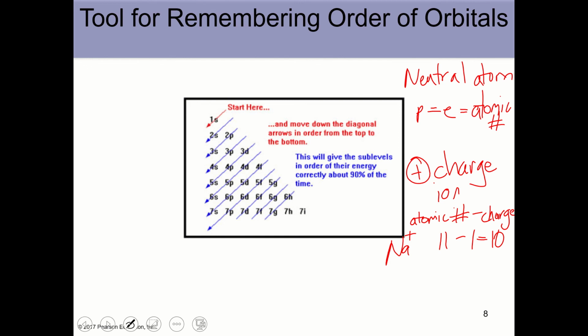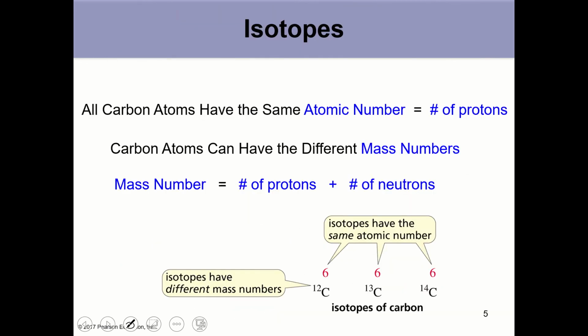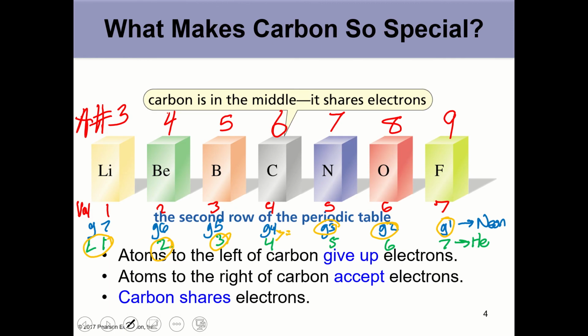Then when you have a negative charge, let's do an interesting one, azide. So azide is N3 minus. Nitrogen has 7 electrons. Atomic number 7, I think. Let's go back. Yeah, 7.